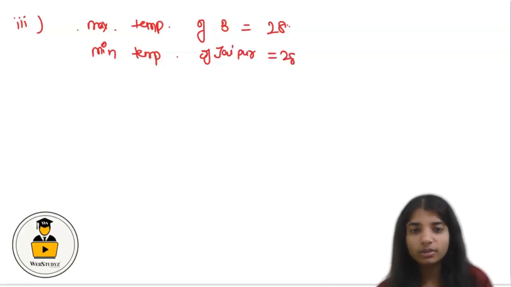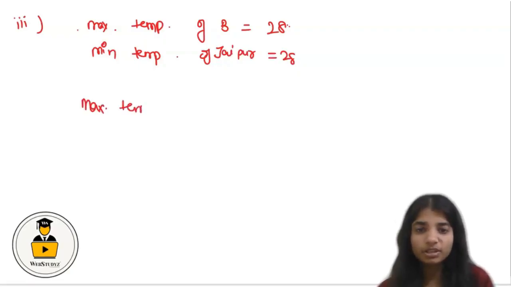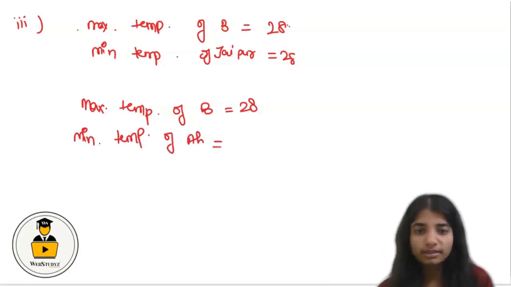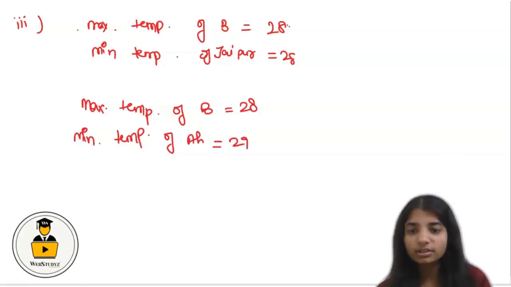So the answer to this is Bangalore and Jaipur. And next is the maximum temperature of Bangalore, again 28, and the minimum temperature of Ahmedabad, which is 29. So this is the answer to the third part.